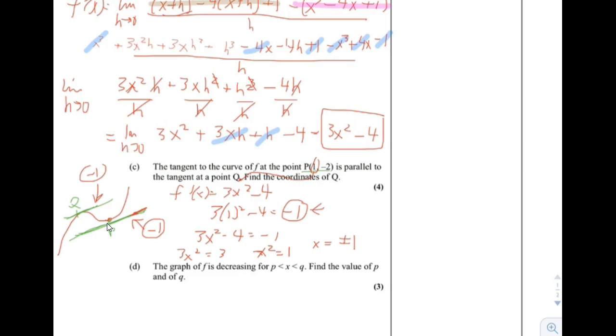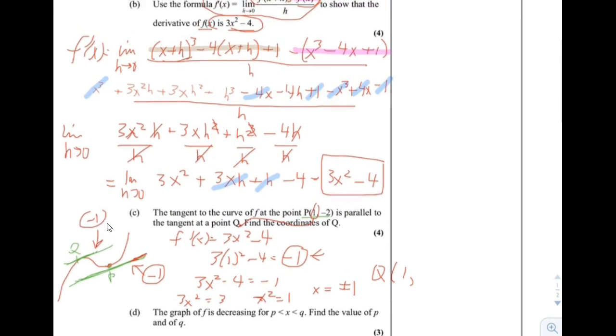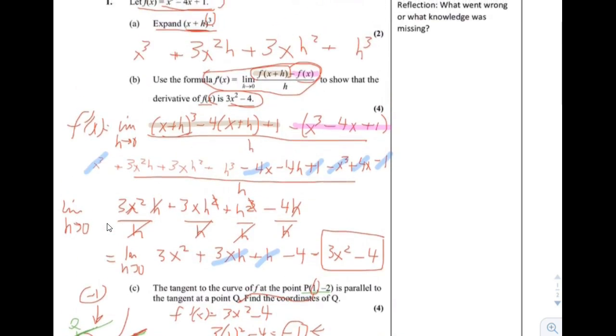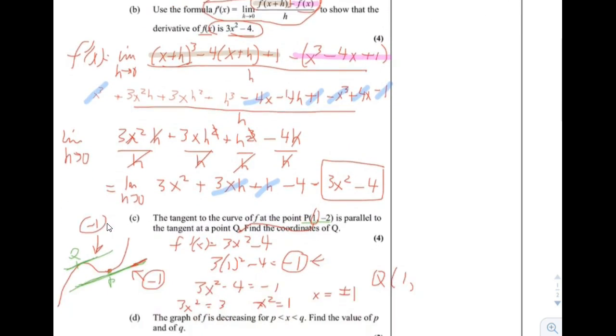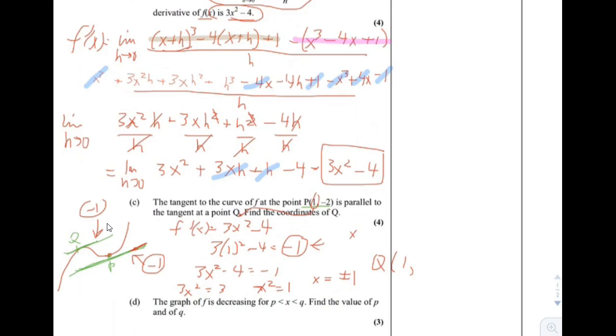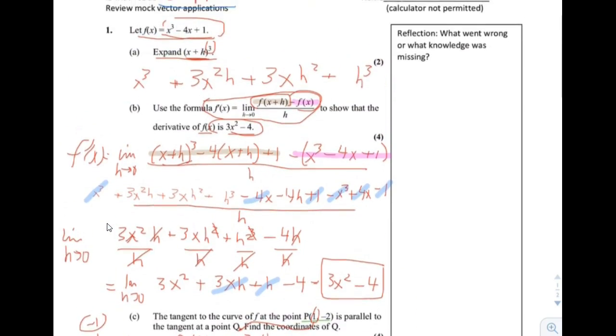So the q coordinate would be positive 1, and then the y coordinate we could find by putting it back in the original function, which, if you remember, is x cubed minus 4x plus 1. So we'll do x cubed minus 4x plus 1. Let me make sure I wrote that correctly. Yes, it's written at the top.